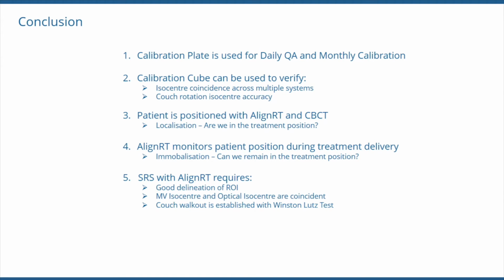For patient localization, we can use AlignRT to position the patient and verify this position using CBCT, which is the gold standard. During treatment delivery, we want to know, can we remain in the treatment position? AlignRT will provide a form of non-contact immobilization, monitoring the patient during treatment, and if the patient moves out of a defined tolerance, the beam will be held.